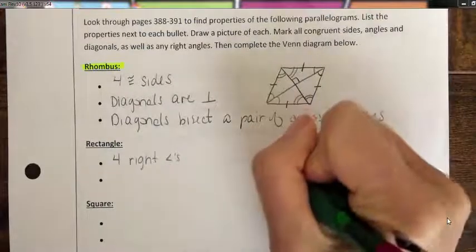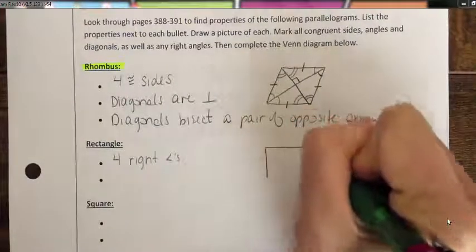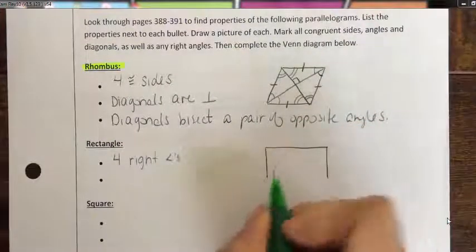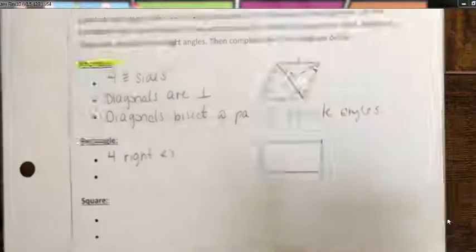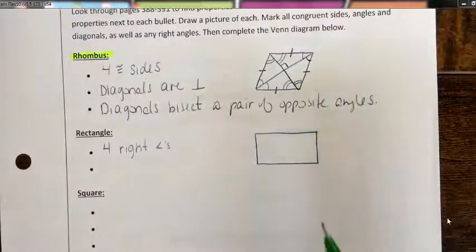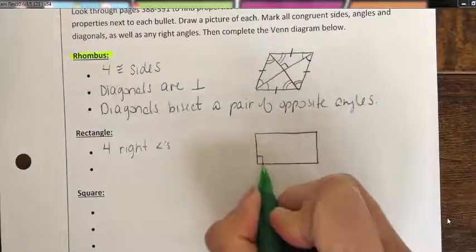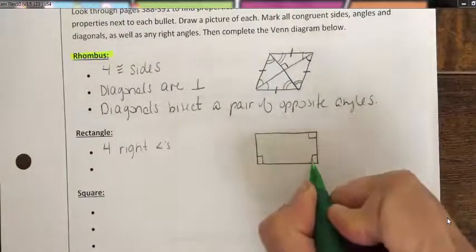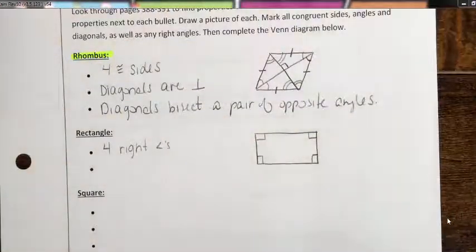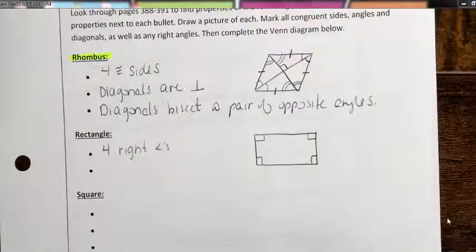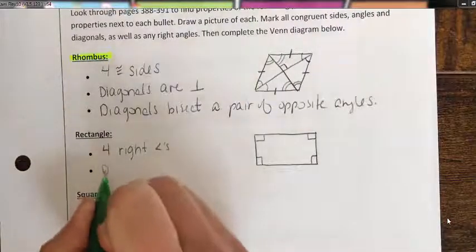So it's like a parallelogram that's standing up straight. So all the angles are 90-degree angles. And therefore the diagonals are congruent.